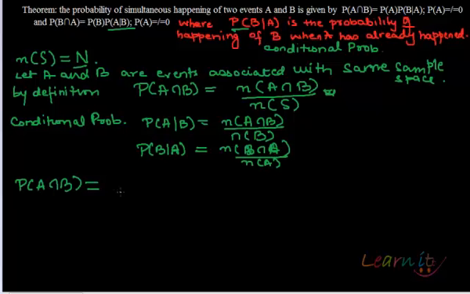Rewriting this, it would equal n(A) upon n(S) into n(A ∩ B) upon n(A).